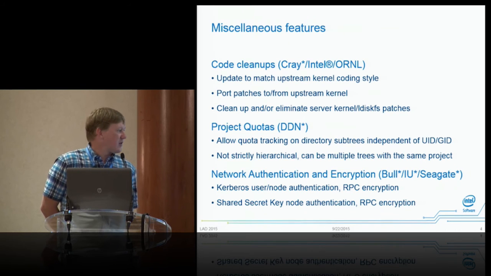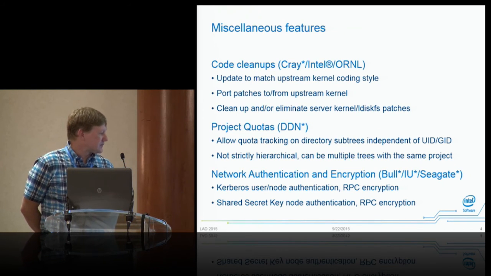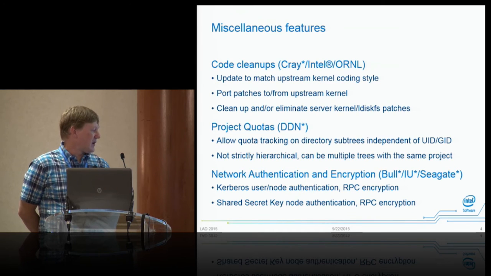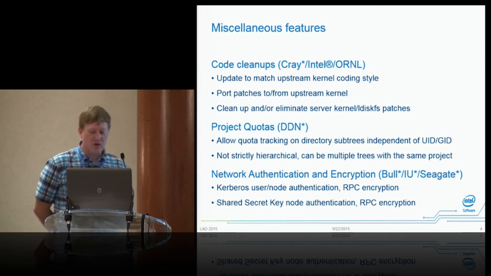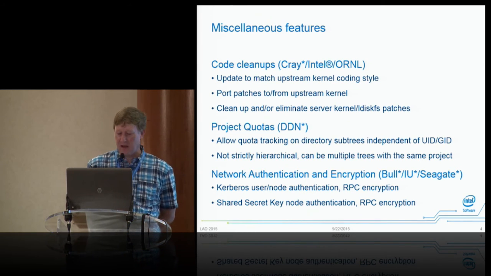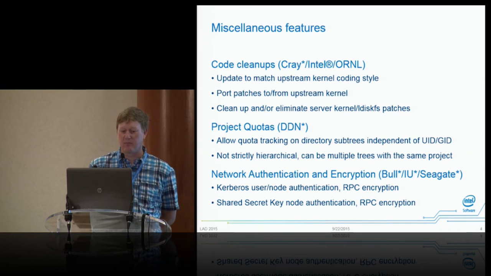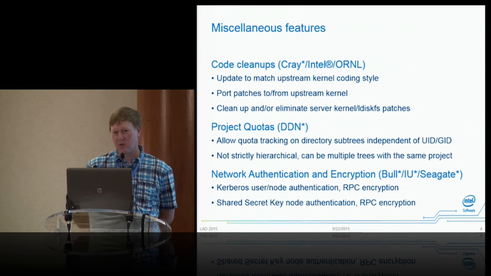Another interesting upcoming area is network authentication and encryption. There's work for the 2.8 release to improve the Kerberos code, which has been in Lustre for quite a while, but is sort of the unloved child. Bull and Seagate have been working on the Kerberos side.